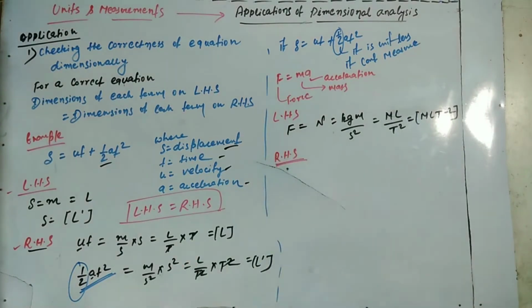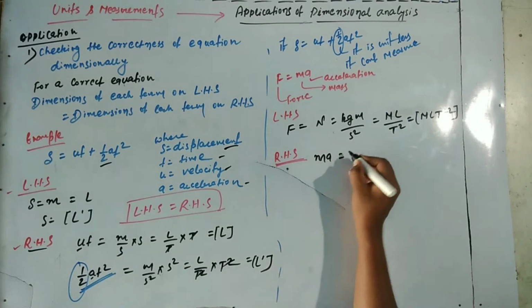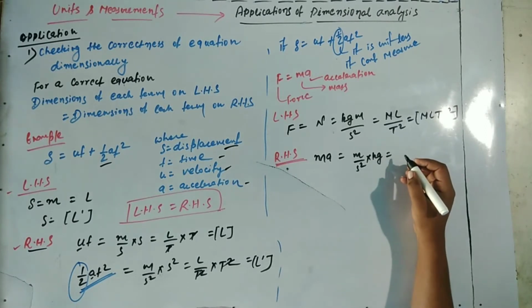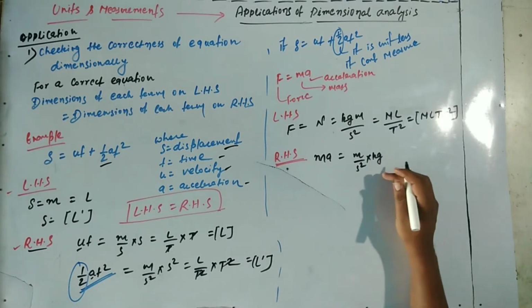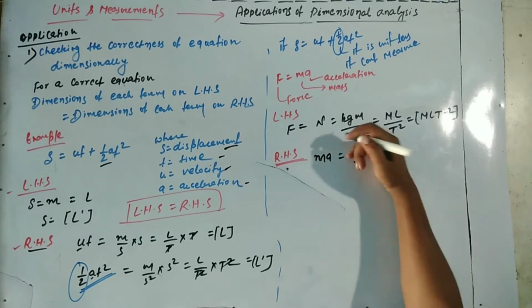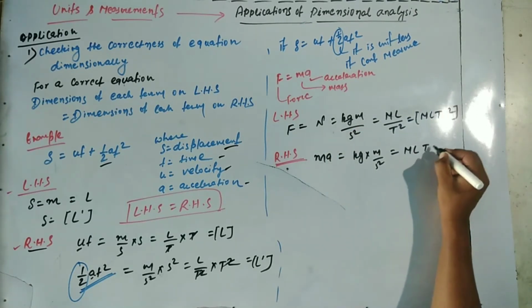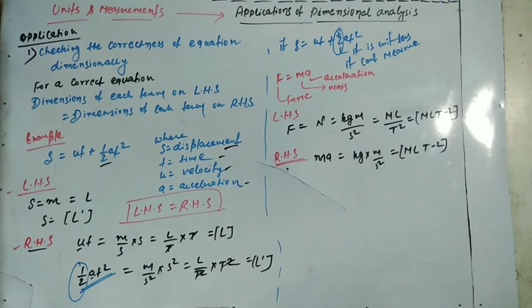In case of RHS, m into a, mass into acceleration, so acceleration is meter per second square and mass is kg, equal to M L T power minus 2.